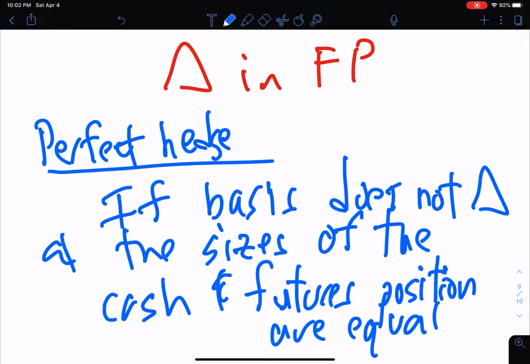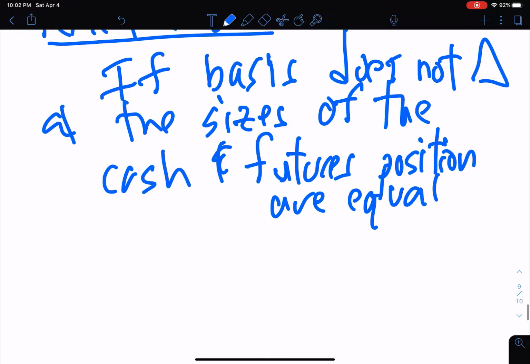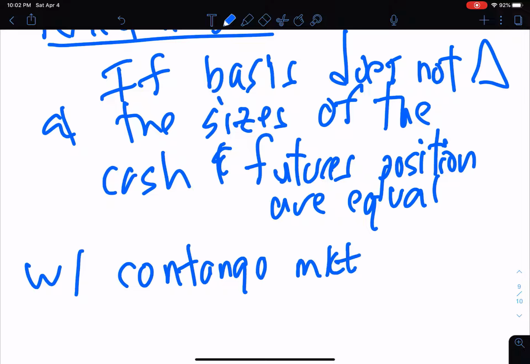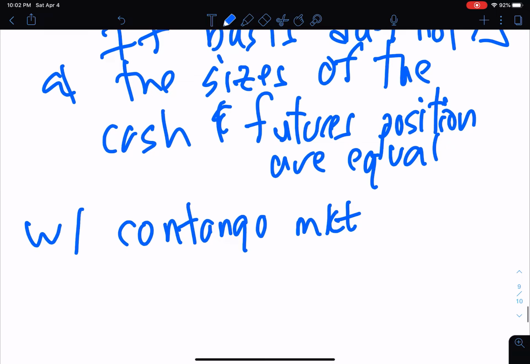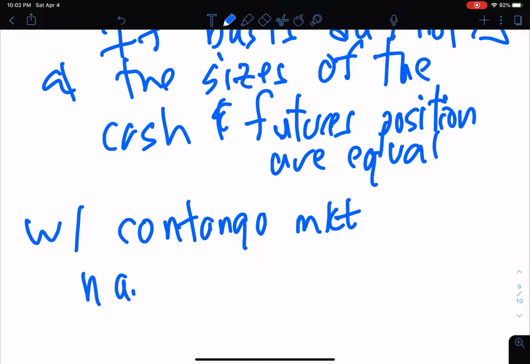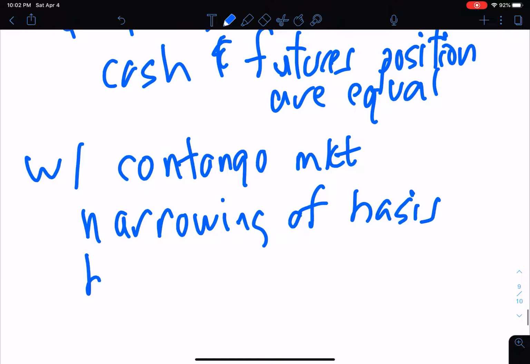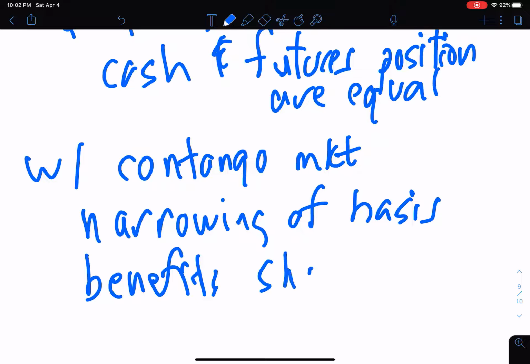If we have a contango market, a narrowing of the basis benefits the short hedger, our farmer in our examples.